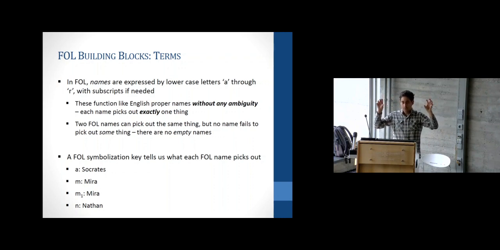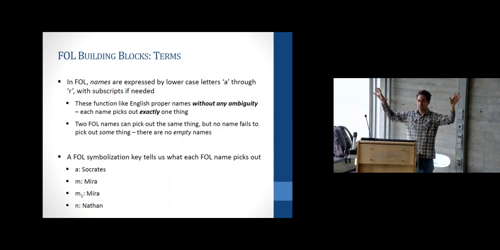Sometimes you can have two names for the same thing. Two FOL names can pick out the same thing, but no name fails to pick out something. There are no empty names. The idea is that Cicero and Tully are two names for the same Roman orator.